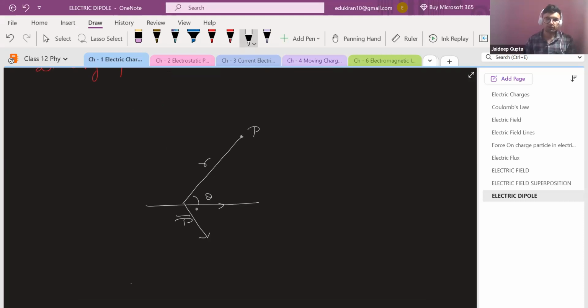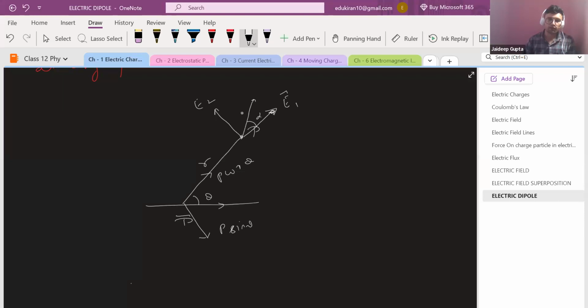So if we resolve the dipole moment, because dipole moment is a vector quantity, this component will be P cos theta. It would be P sin theta. Now, due to this axial component, the electric field at point P would be E1, and due to this perpendicular component, the electric field will be in this direction, E2, an equatorial electric field.